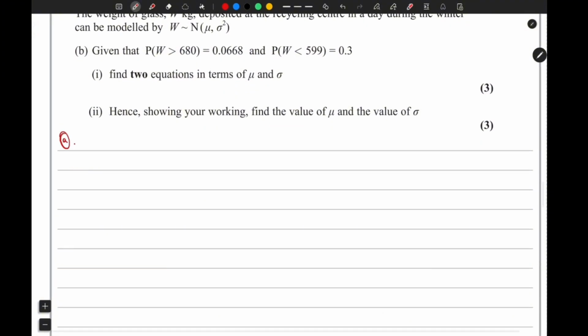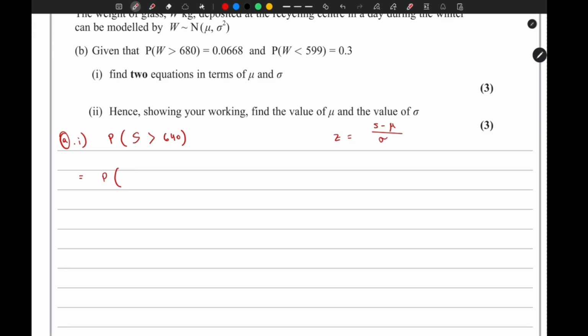So basically, we need to find the probability of S is greater than 640. So first of all, we need to convert this value to Z. If we convert this value to Z, we can use the formula Z equals S minus mu over the standard deviation.